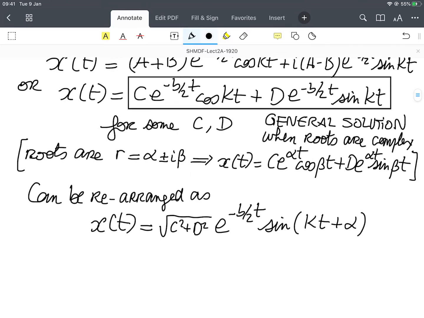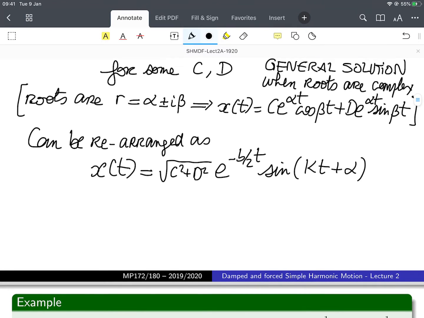The only reason you want to do that is to get a sense of how this function behaves with time. It has two parts. The first one is the amplitude, but the amplitude is not constant. It has an exponential term here, exponential decay.